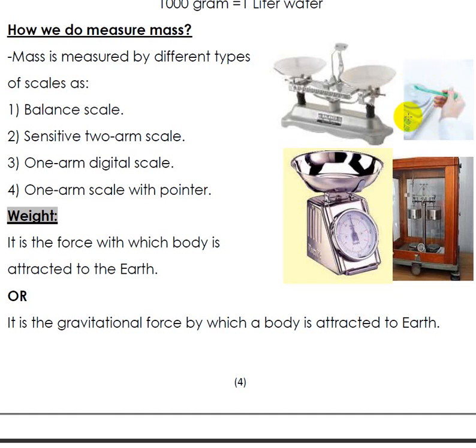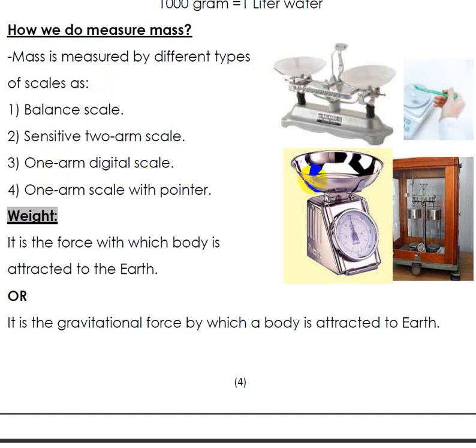The other one, the balance scale. The balance scale is like that one, many times we call it 2-pound scale. This balance scale we can see everywhere in the groceries, for measuring the mass of vegetables or fruits.